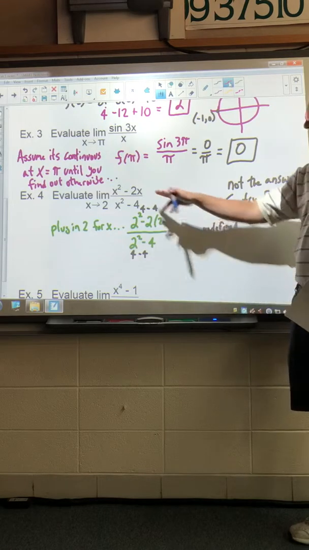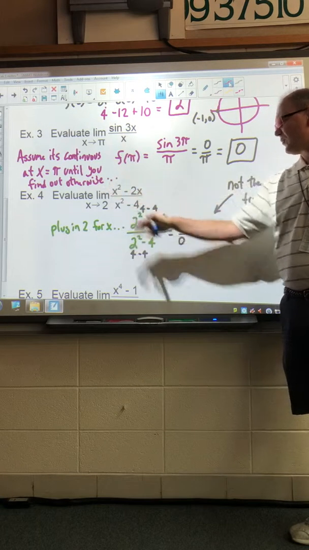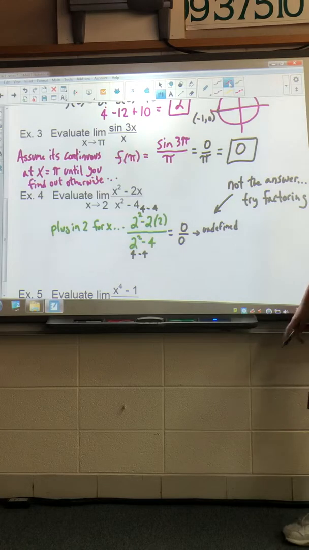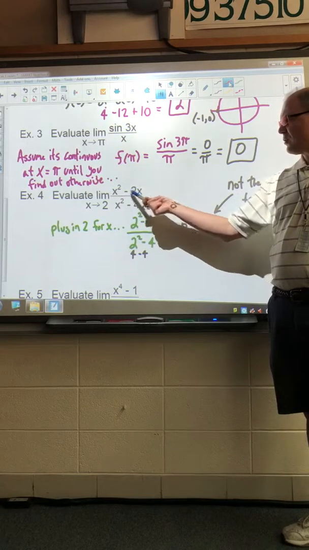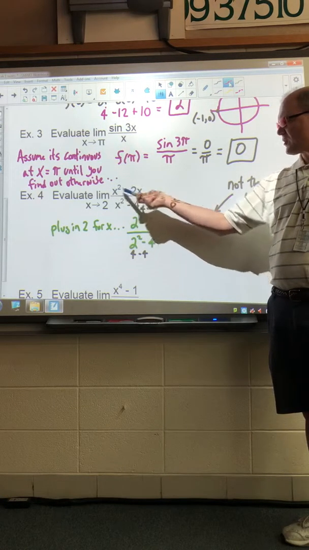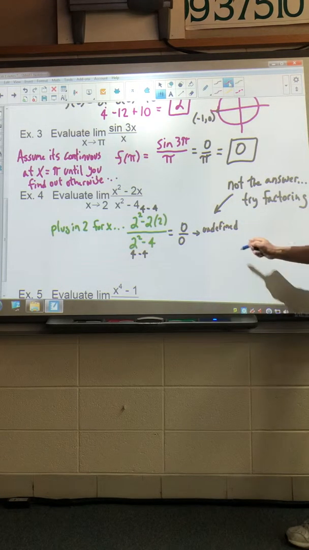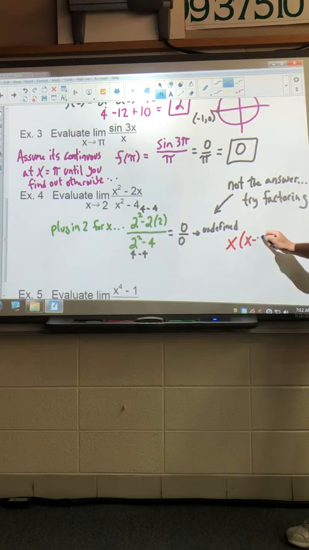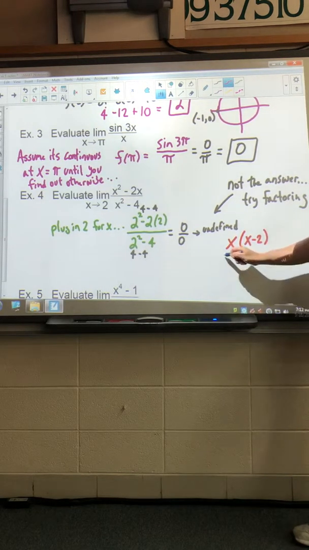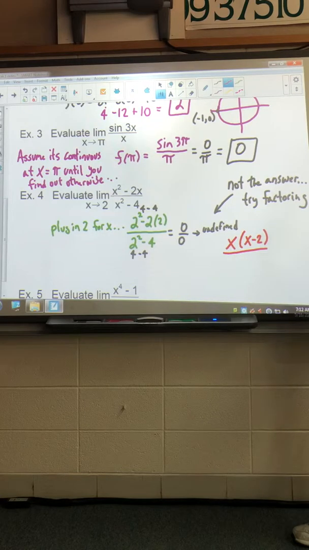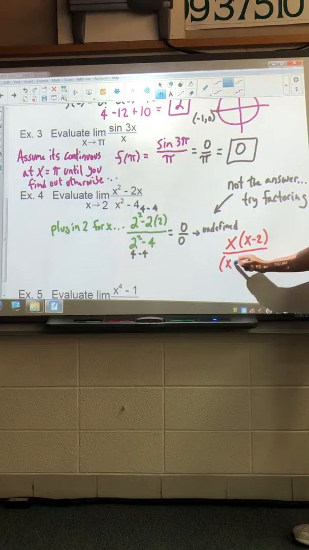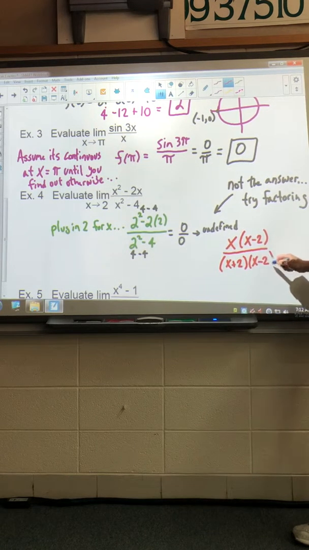So if I factor the numerator, the greatest common factor there is x, so I can factor out an x. The denominator there is a difference of squares, x plus 2, x minus 2.